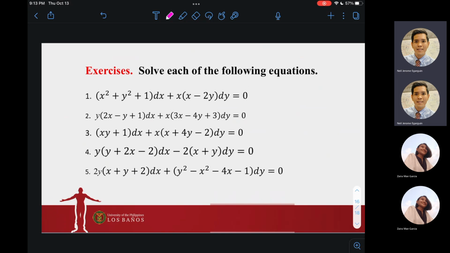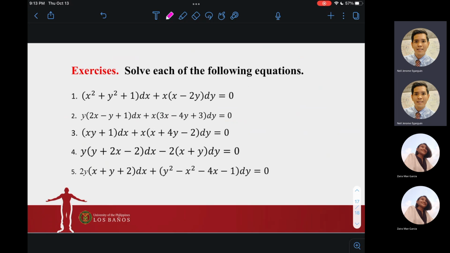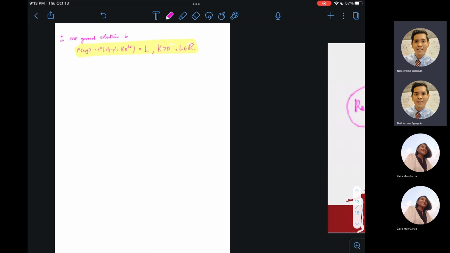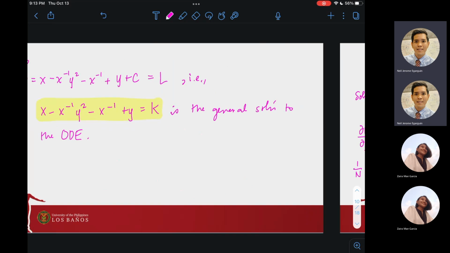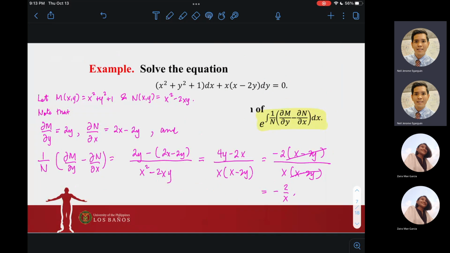So, ito na yung tanong ko kay Zaira. Gusto mo ba magpa-homework for this particular section? Ito yung magiging options para dun sa homework. Pero parang yung number 1 ay nandun sa examples. Hold on. X squared. 2y siya. X squared.